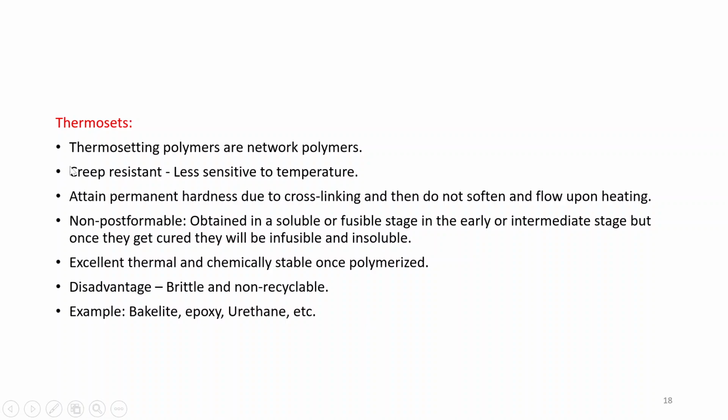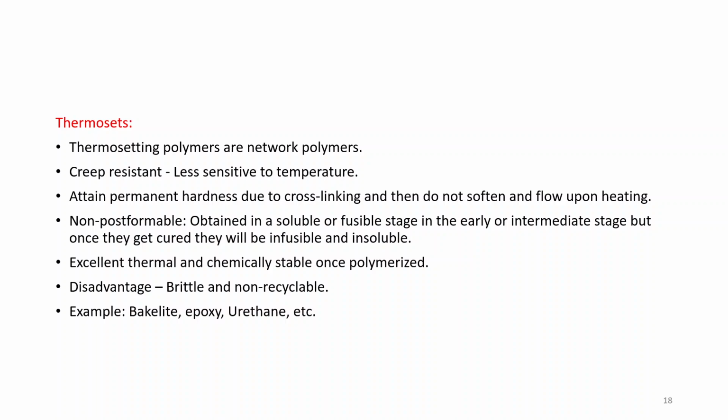Then you had thermoset polymers, which are network polymers, and these are creep resistant and less sensitive to temperature. They can attain permanent hardness due to cross-linking and do not soften and flow upon heating. That's why these are non-post formable, and are obtained in a soluble or fusible stage in the early or intermediate stage.